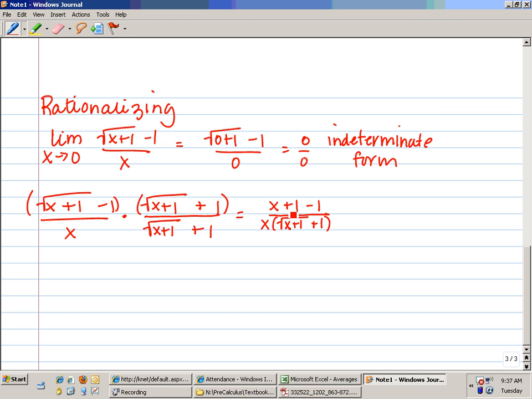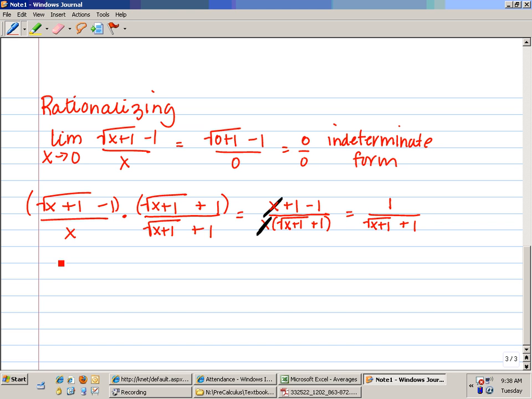So as you can see, the 1's equal 0, and then these x's reduce out. That leaves me with 1 over square root of x plus 1 plus 1. Now keep in mind that just because this equals 0, reducing down the x's does not mean your numerator becomes 0. Do not make that mistake.